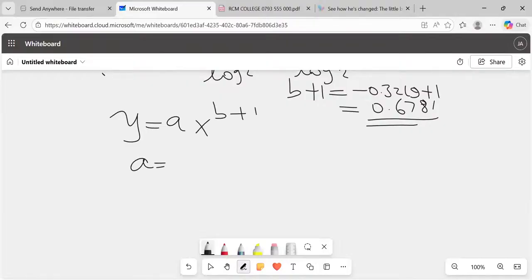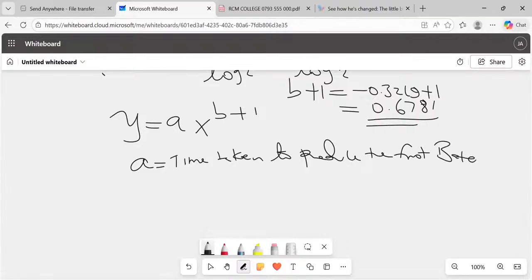So remember, a is time taken to produce the first batch, not unit. This time around, they're producing in batches. If you read this question very well, Maono Limited is investigating the financial viability of a new product branded ZEM.